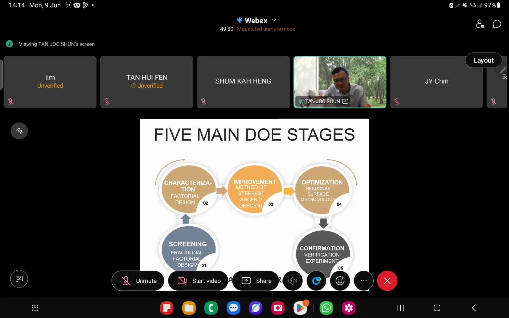After that, you will do characterization, where you confirm whether the factors you have selected are significant or not, and whether they have interaction effects or not. Then you go to improvement, where you use the method of steepest ascent or descent. Why ascent and descent?